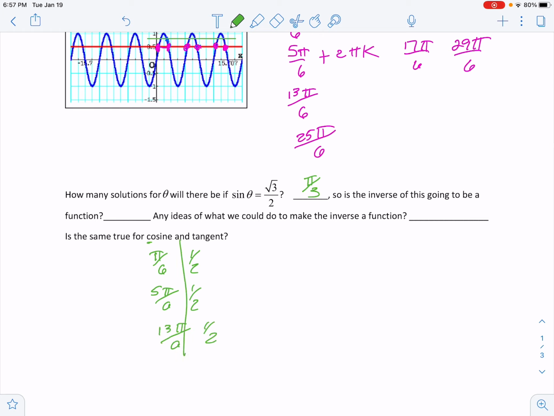If I made a t-chart, what happens when you flip it around because you have an inverse? You have 1/2, 1/2, 1/2, and you get pi over 6, 5 pi over 6, and 13 pi over 6. Is the inverse a function? No. Okay?